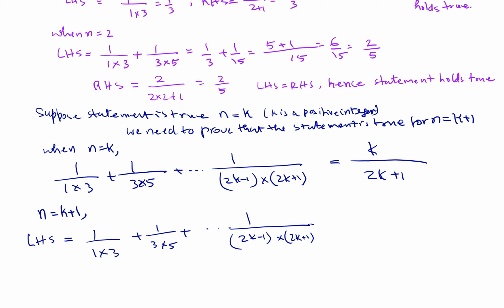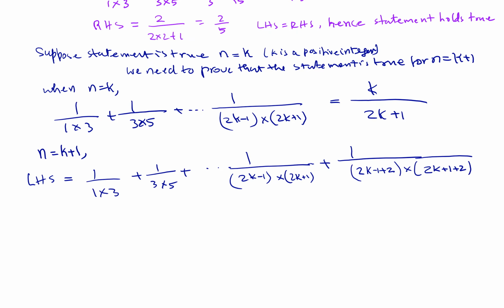This is the kth term, what would be the next term? You have to add 2 to it. So 2k minus 1 plus 2 multiplied by 2k plus 1 plus 2.